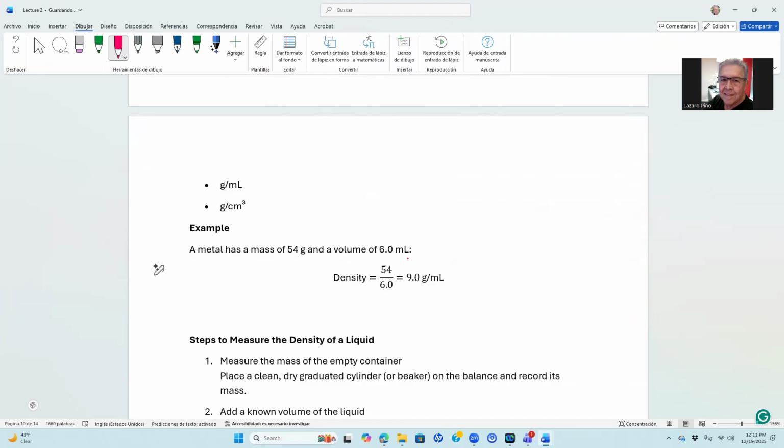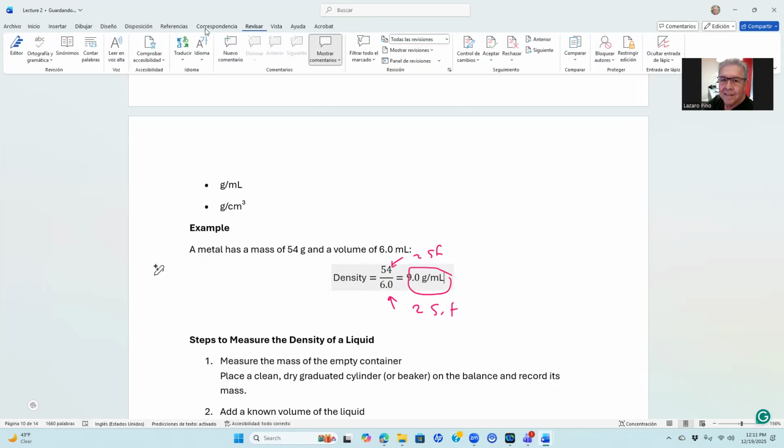Look, you're doing a division, so you have here a number with 2 significant figures, and here a number with also 2 significant figures. Then your answer is supposed to have also 2 significant figures. Understand?